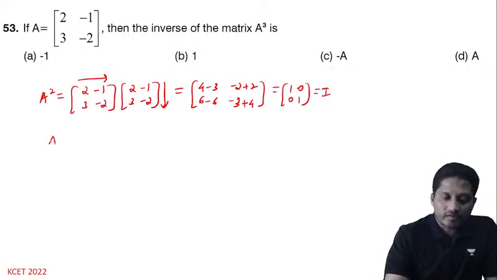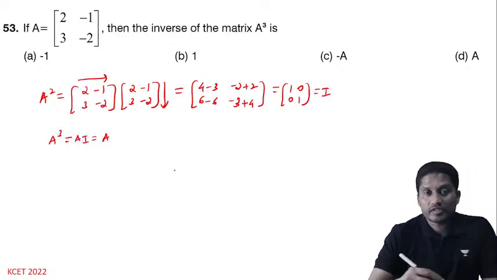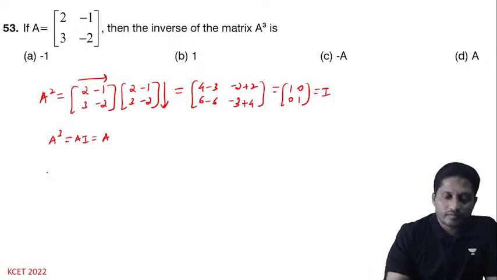Okay, now let us find out a cube. A cube is equal to a into I, which is equal to a. Now I should find inverse of a cube. Inverse of a cube is same as inverse of a, because a cube is a. A inverse is 1 by determinant a into adjoint of a.